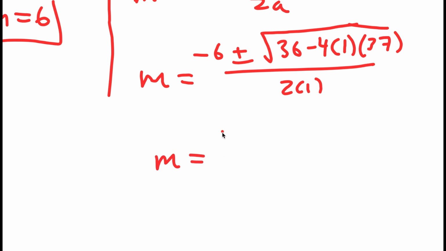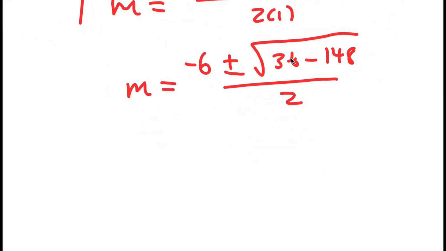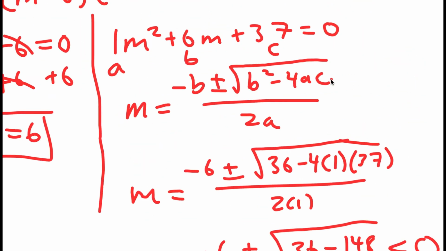Now this is equal to negative 6 plus or minus the square root of 36 minus 148 all over 2. Now notice how 36 minus 148 over here is going to be a negative number, so it's less than 0.